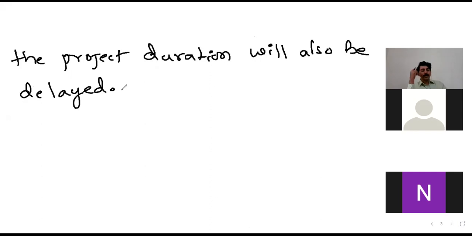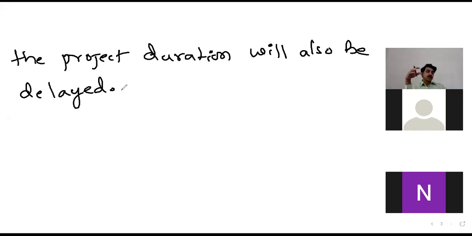Just as an example, I have to quote one here. Purchase of raw material. If you delay this particular activity, say you were supposed to purchase today, and you are postponing it for some reason, maybe weather conditions, unavailability of employees, or a national holiday, then because of n number of reasons the project manager will have to delay the purchase of raw material.